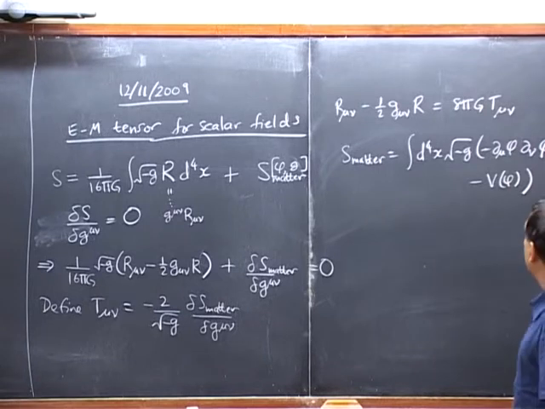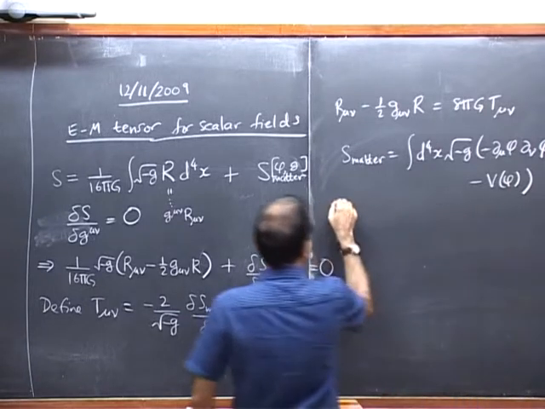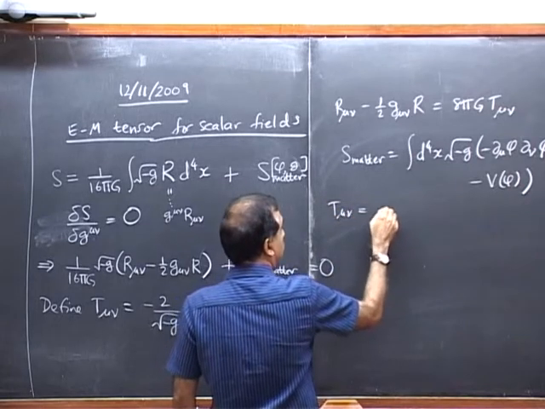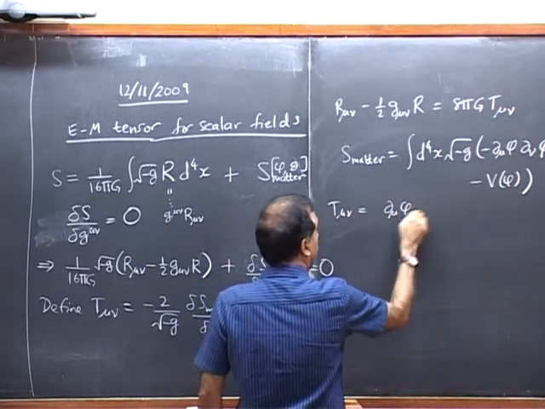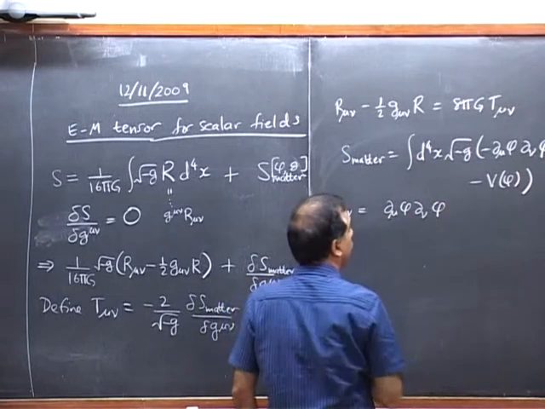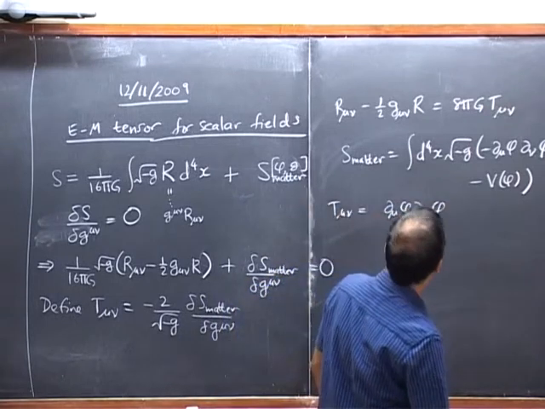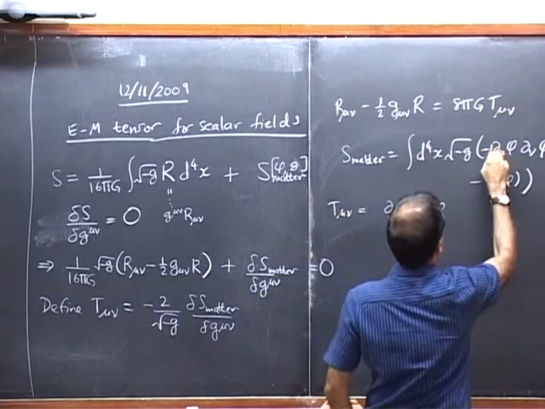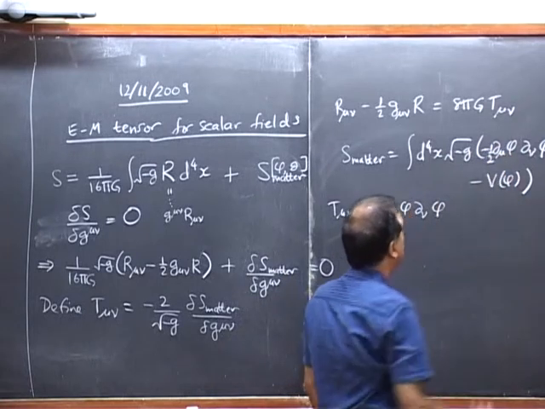Okay? So good. So with this definition, T mu nu is plus del mu phi del nu phi. There's always a half here for a real field.